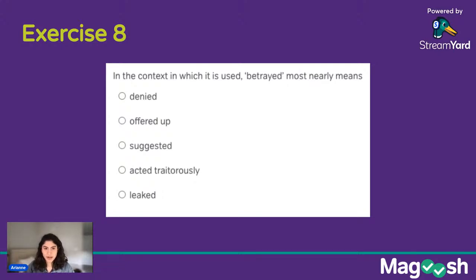Or it's also revealing information unconsciously. So it does fit with the word suggested, and suggested fits with our prediction of revealed, right? So we keep suggested. Let's see the rest. D, acted traitorously. Unfortunately, this is a definition of betrayed, but not the one that we're looking for based on the context. We get rid of that one.